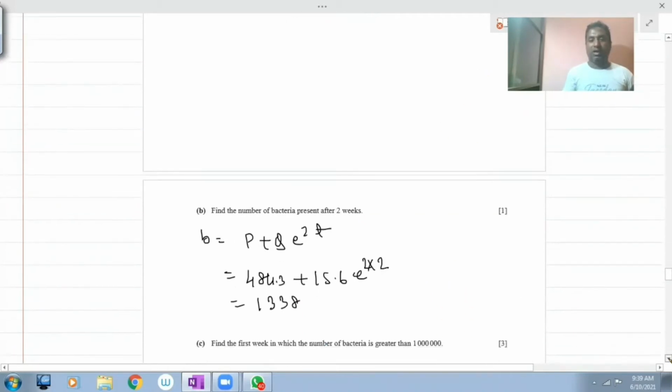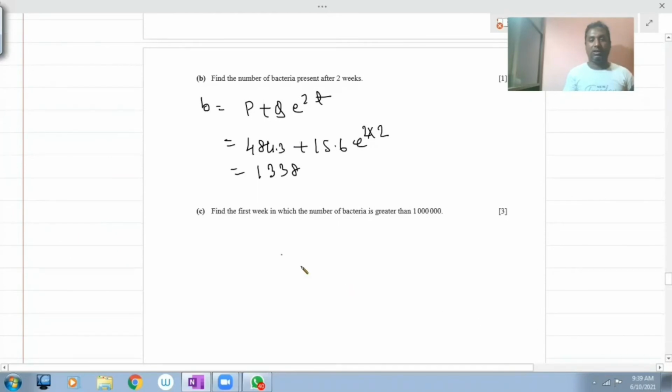Now let us try question number C. Find the first week for which the number of bacteria is greater than 1 million.